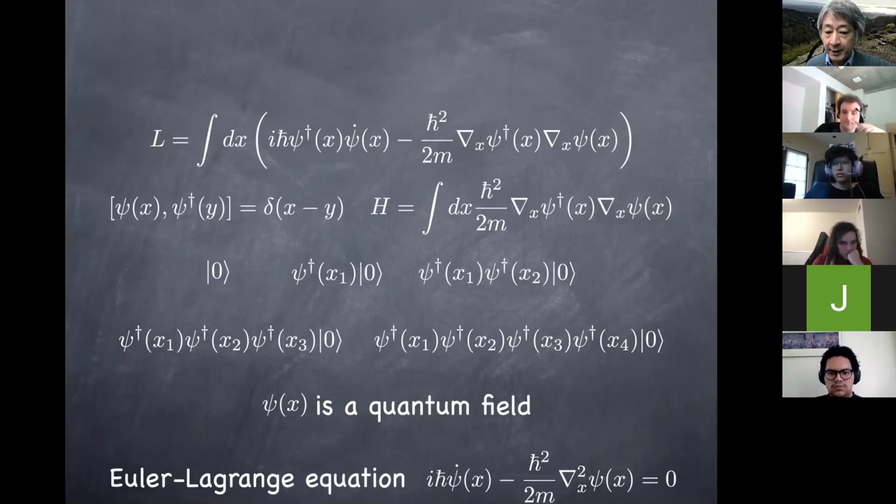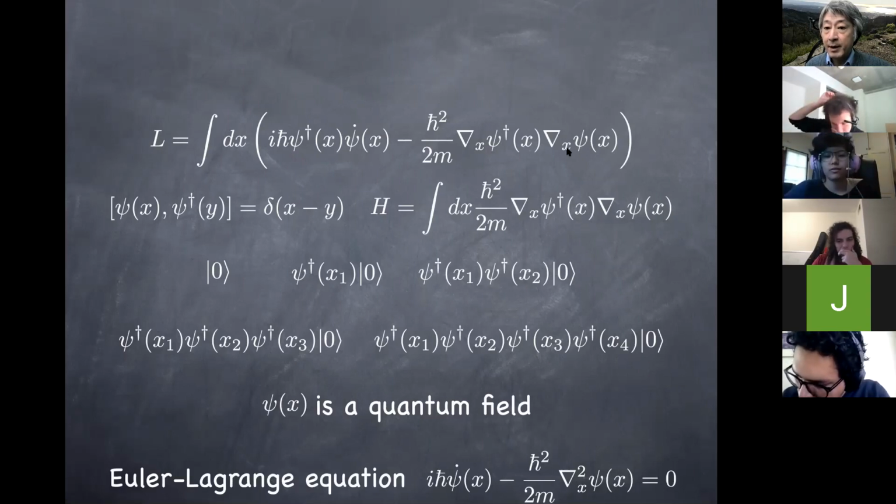That's the first term in the Euler-Lagrange equation. For the second term, I take the variation of psi dagger, and in order to isolate delta psi dagger together with the delta psi dagger over here, I do the integration by parts once again. So this derivative would act on psi and turn that into the second derivative. And so I find this second term over here. So that's how I find this Euler-Lagrange equation.